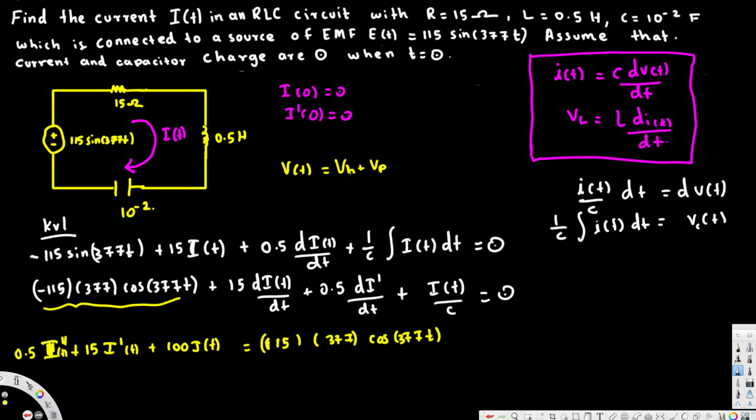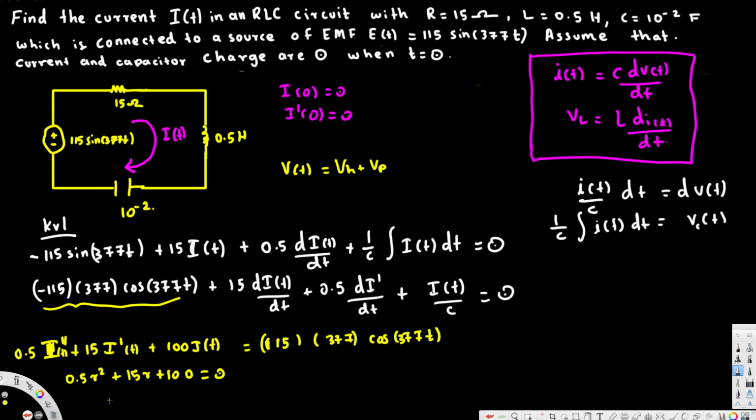To find the homogeneous solution, we equate this to 0 and write our characteristic equation. In it, i double prime becomes r squared, and we keep the coefficients, so this is 0.5 r squared plus 15r plus 100 equals 0.